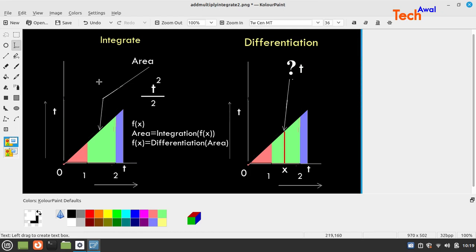So if we know the area is t square, then differentiation, denoted as d by dt, is d(t square) by dt.